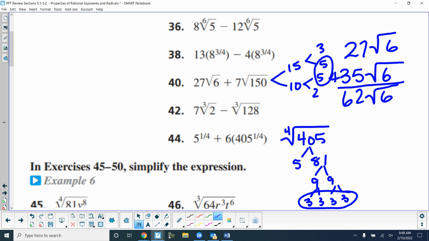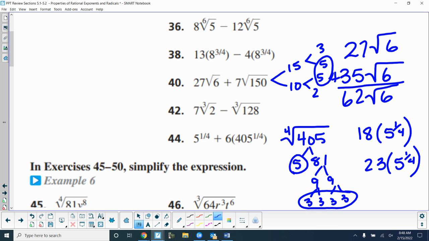So I can pull a 3 out. There's already a 6 there. So it's 3 times 6 is 18. And then it's 5 left over to the 1/4 power, right? Or 4th root. So then it's 18 plus 5. So it's 23. 5 to the 1/4.